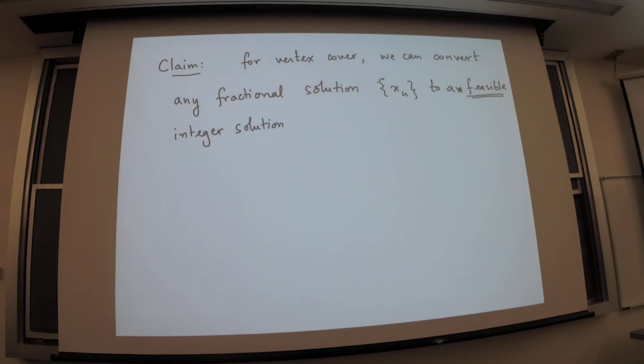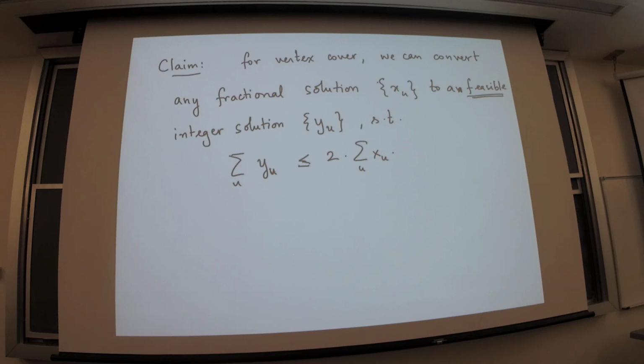Let's give it some name. So let's call it some yu, such that sum over yu is not much more. In this case, it's at most 2 times sum over xu. Okay. So this is what I'd like to claim.